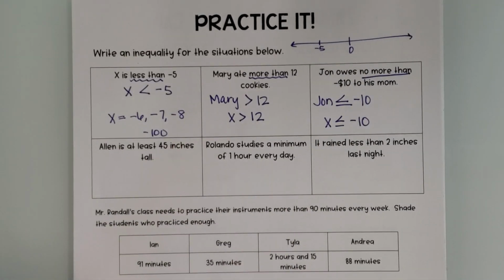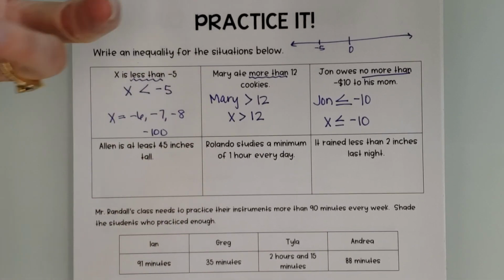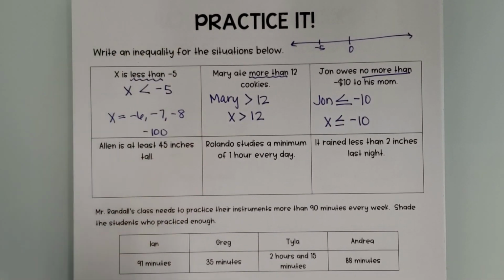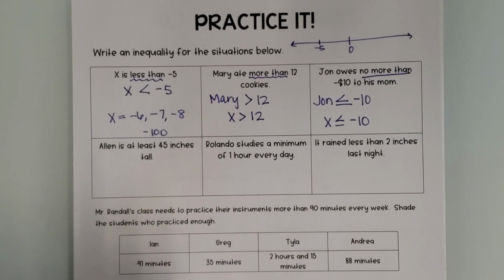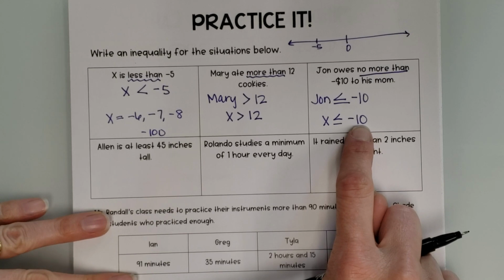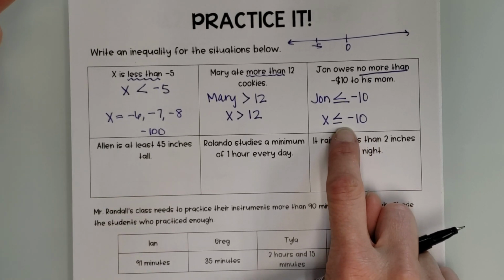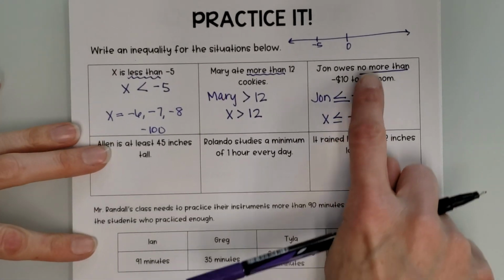It seems kind of strange to owe somebody negative money. Does that mean his mom owes him money? I'm not really sure how you owe somebody negative money, but we're going to go with it. Maybe that was supposed to be a positive and we just had a typo there. So less than negative 10 would be like negative 11, negative 12, negative 13.